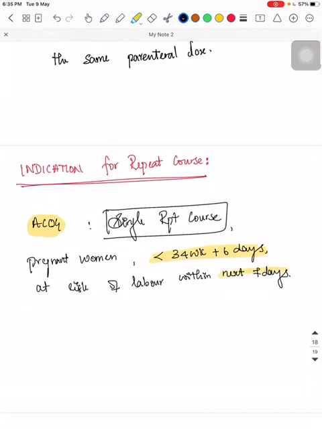Okay, so when can the repeat dose be given? When the prior dose of ACS has been completed more than 14 days previously.